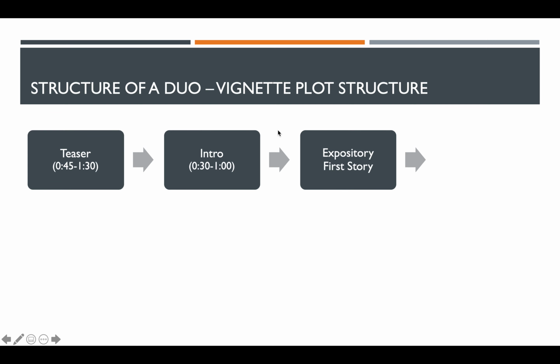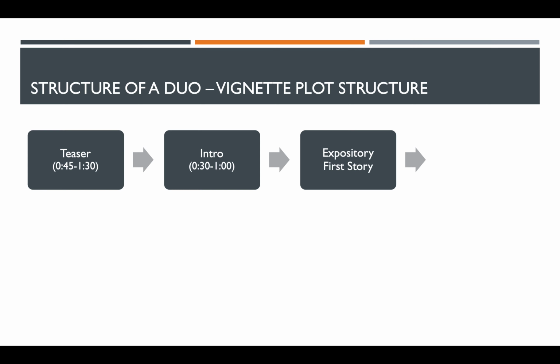Now, before the expository first story, you will have some sort of narration that leads you into the expository first story. So with a vignette plot structure for a duo, you want to be having narrative or narration before each short story, okay?